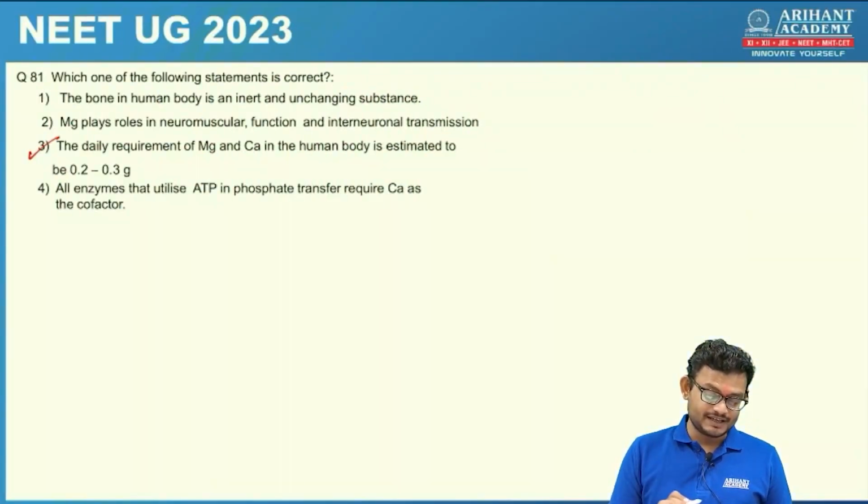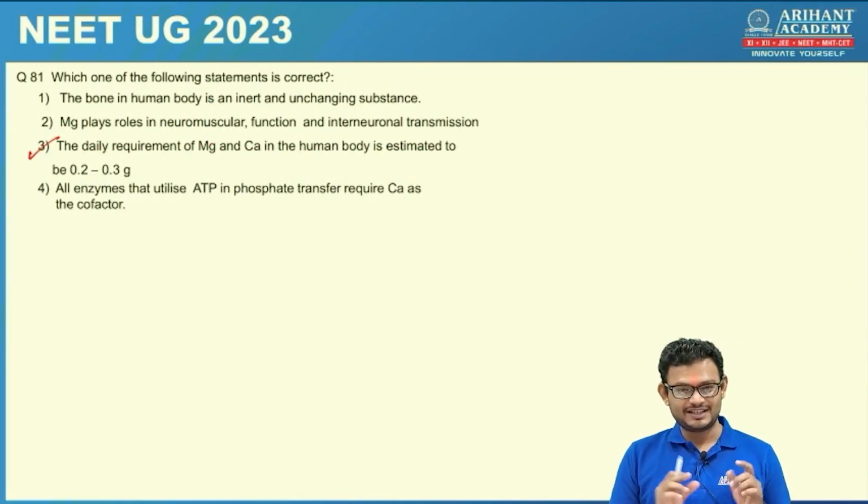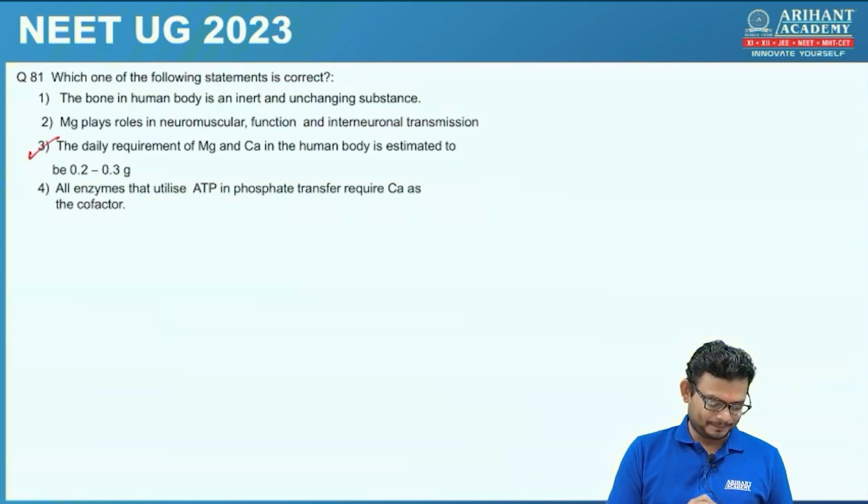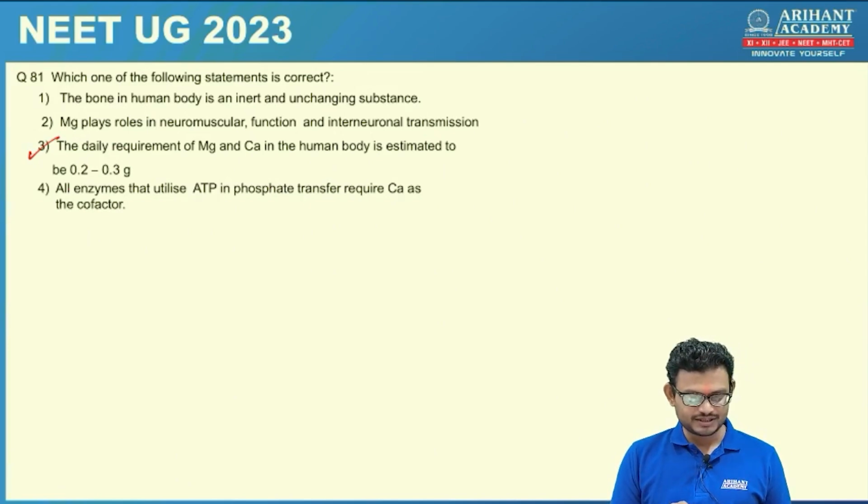Which one of the following is correct? Again a very straightforward question from the NCERT. This exact line is given there. The bone of human body is inert and unchanging substance. Definitely not. That is not the correct one. Magnesium plays a neuromuscular function and interneuronal transmission.